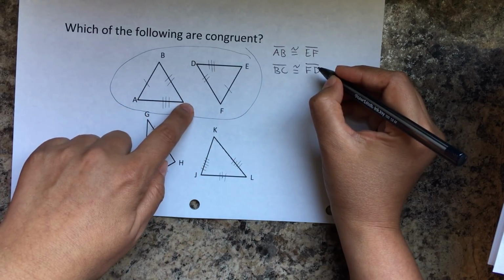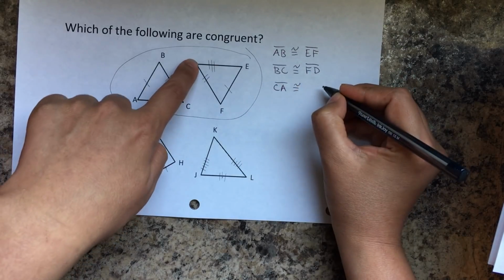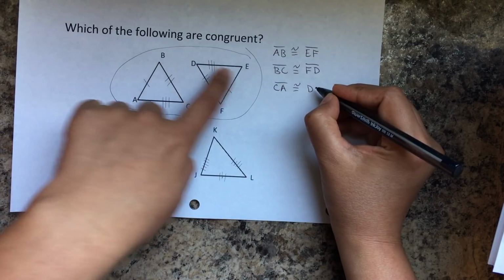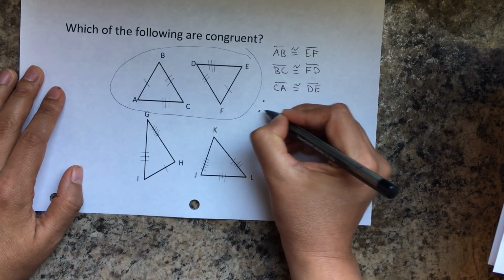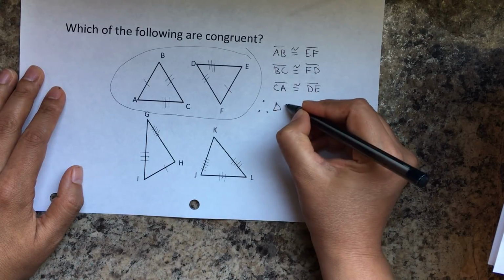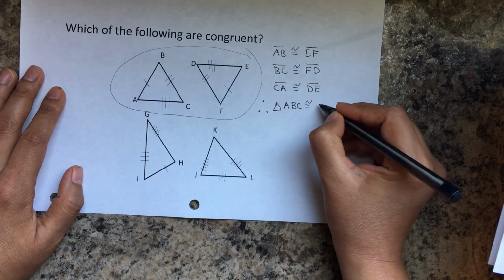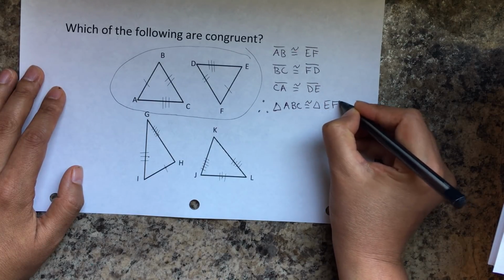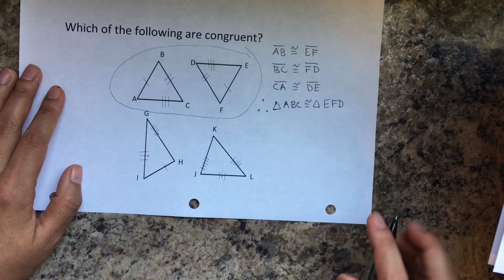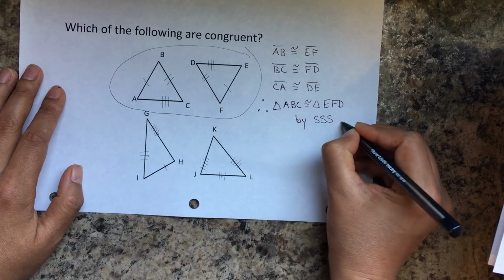And finally, CA is congruent to DE. Therefore, triangle ABC is congruent to triangle EFD, and it's by side, side, side postulate.